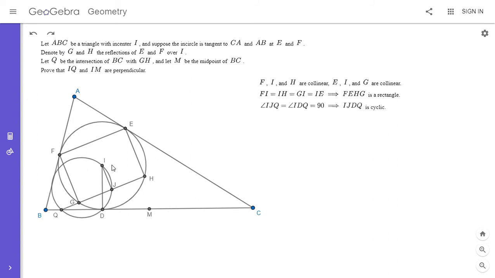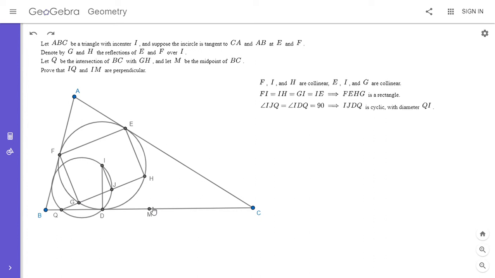All right. So what do we want to show? We want to show that IQ is perpendicular to MI. But we know that QI is the diameter of this circle because these two angles are 90 degrees. So if MI were perpendicular to IQ, that would mean that MI would have to be tangent to the circle, since QI is the diameter.